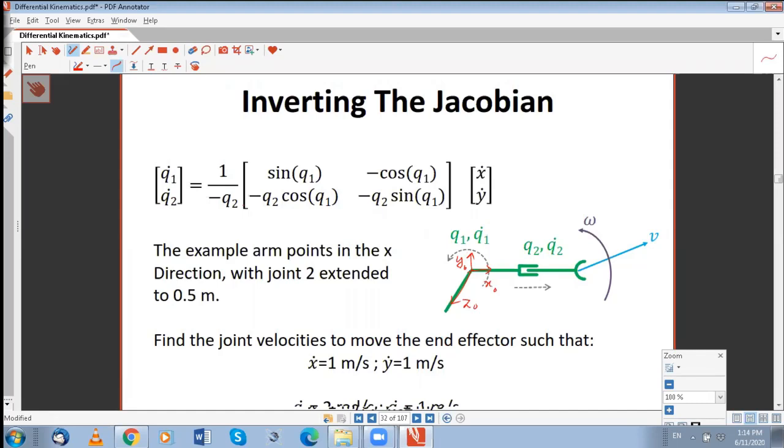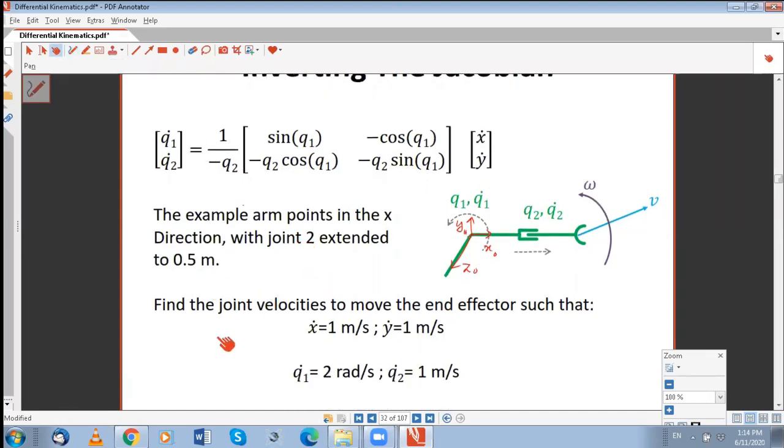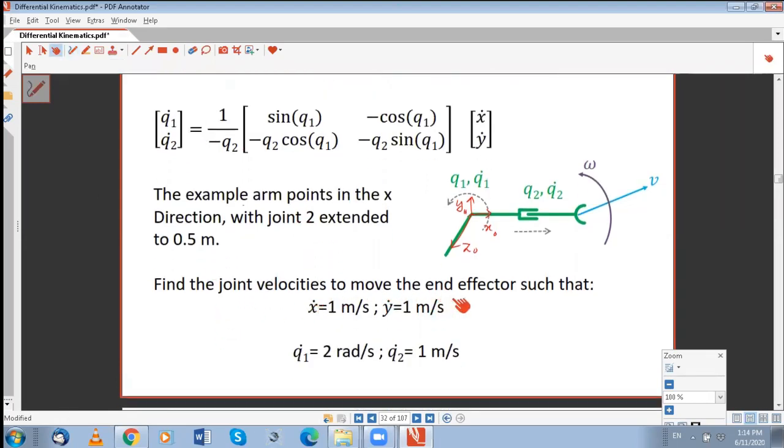And now what they want you to do is, with joint 2 extended to 0.25 meter, find the velocities to move the end effector such that Vx or x dot is 1 meter per second and y dot is 1 meter per second as well. So how to find it? Just plug in values here. This will be 1, this will be 1, this will be what?